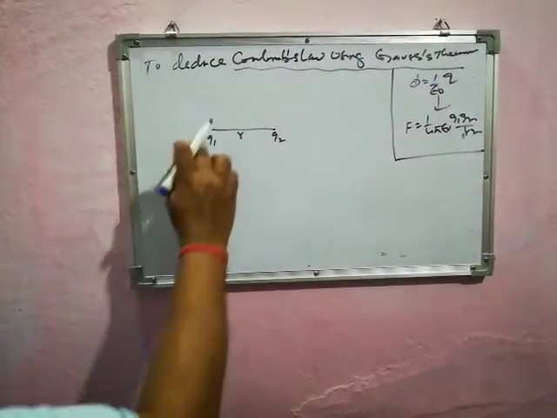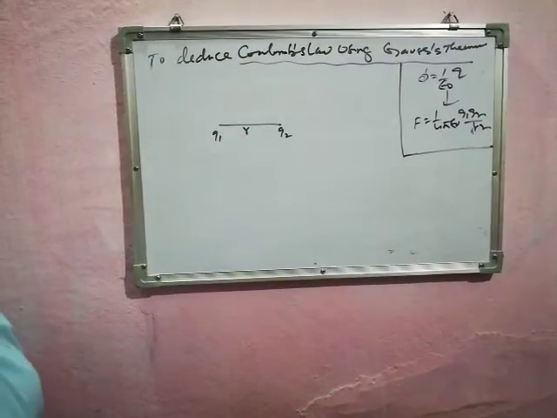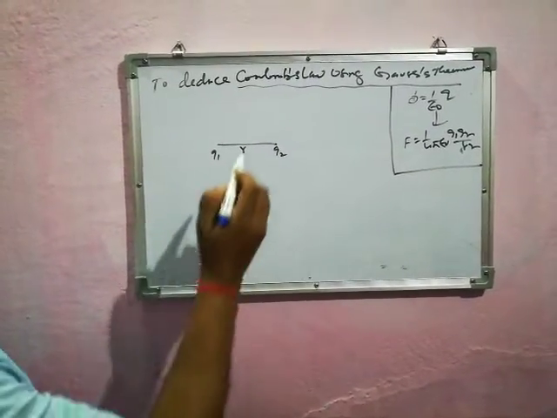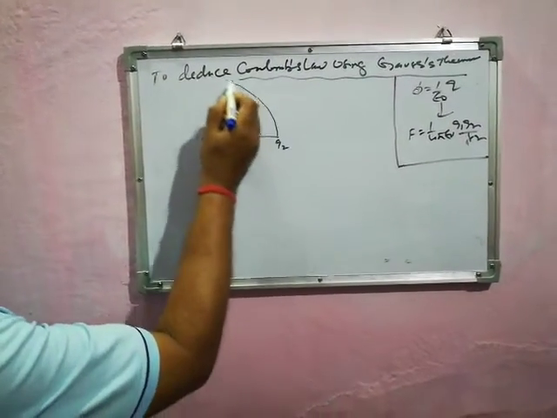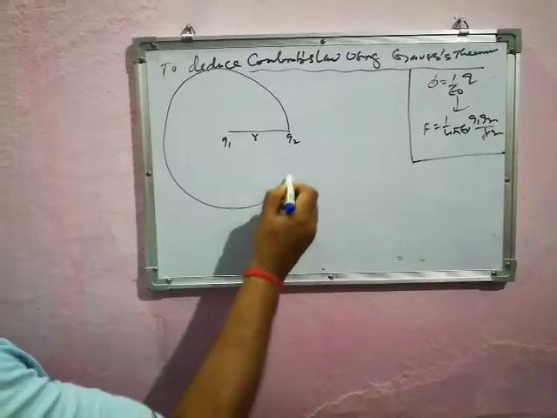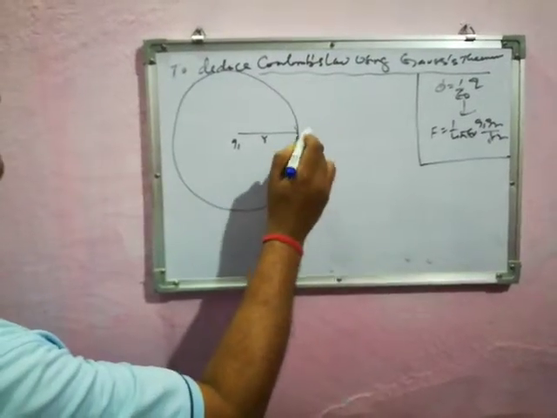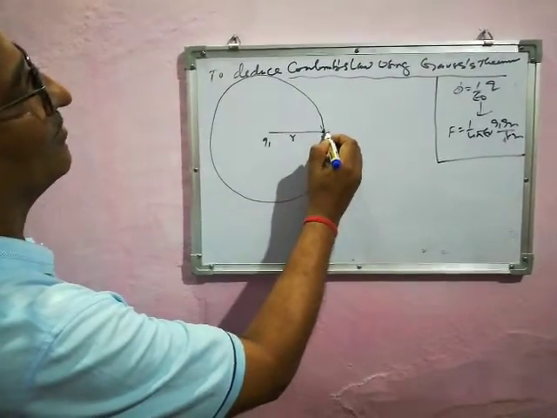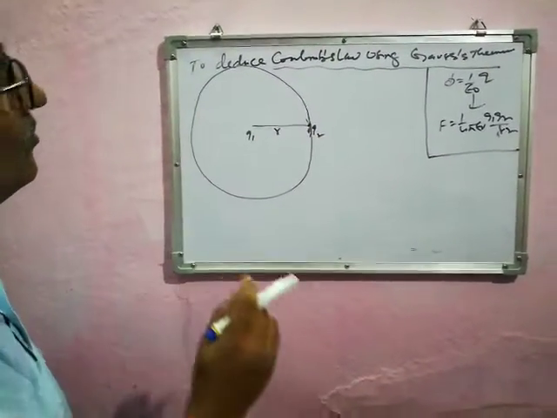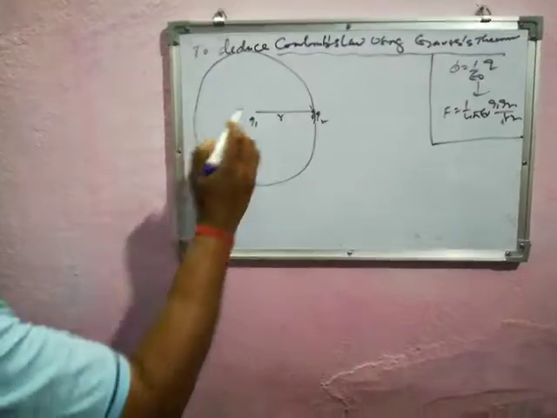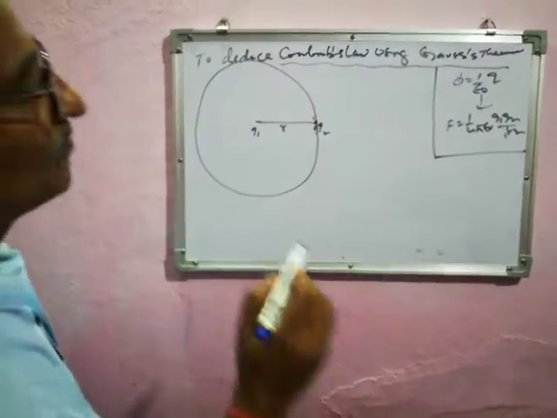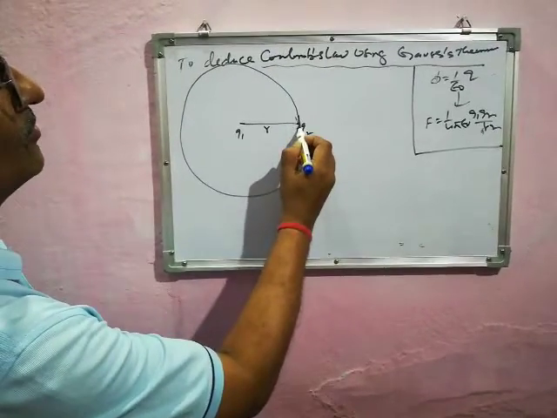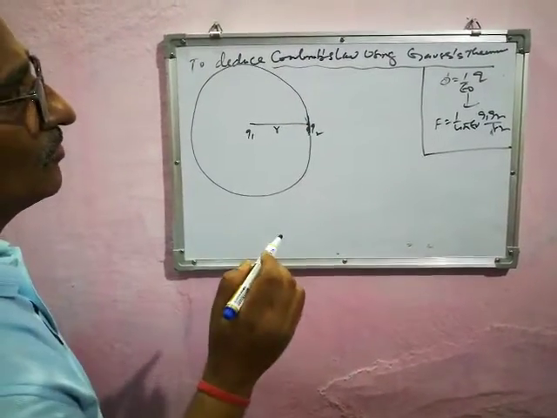So in order to apply Gauss's theorem, we consider a Gaussian surface. A Gaussian surface is any closed surface enclosing a charge on the surface of which the electric field is the same at every point. So the concept of Gaussian surface is required in order to apply Gauss's theorem.